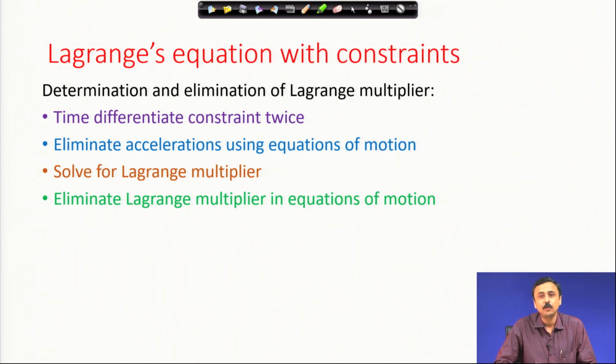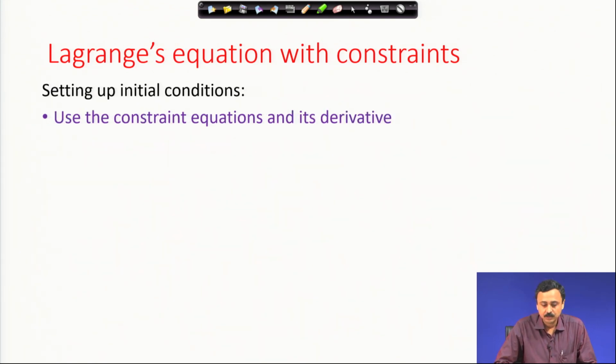Therefore, we have to look for the relation between the various coordinates at time t equal to 0, so that the constraints are satisfied at time t equal to 0. Further, the velocities must satisfy the velocity relations which are obtained from the constraints by single time derivative.